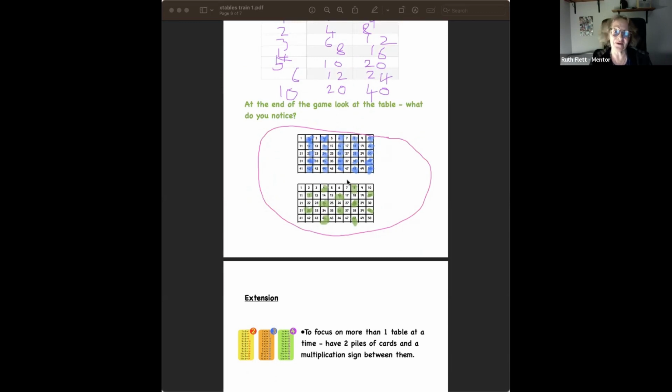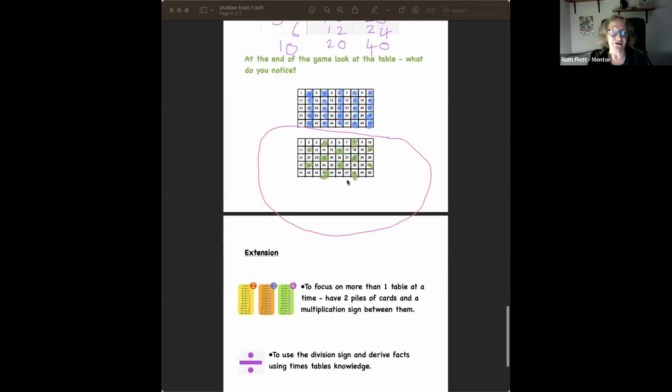In the times 4, you can see that it's not as many. You talk about what that pattern is, and that's all part of building a strategy for knowing your times tables, because not all children are going to be good at that rote remembering, so they need other strategies to help them.